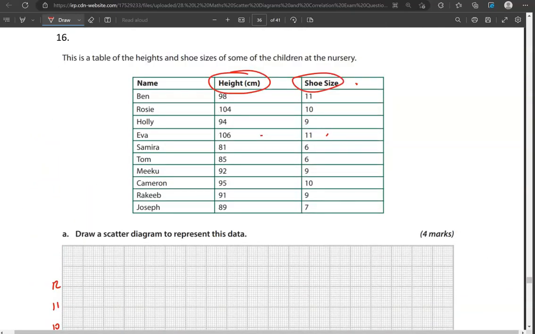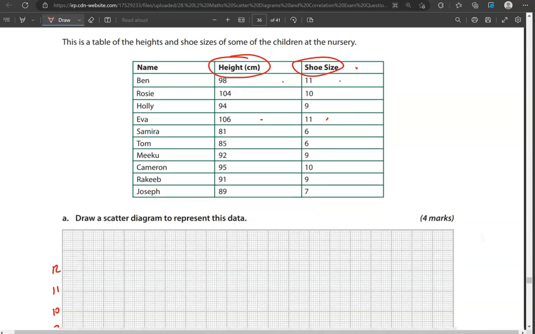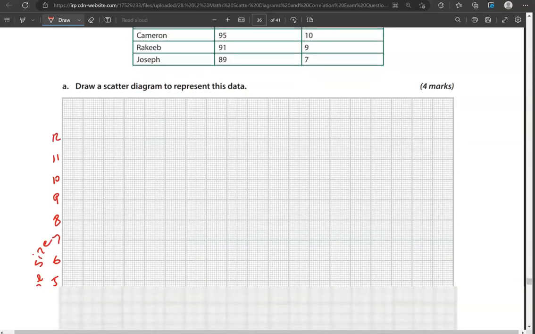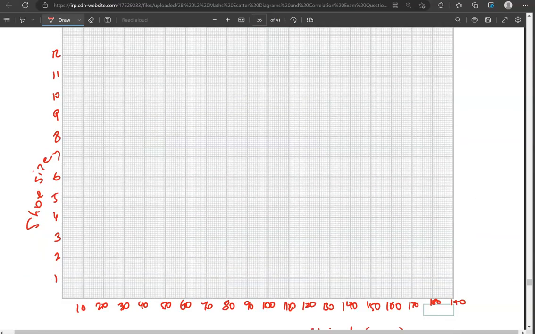Plotting the points, we've got Ben with a height of 98 centimeters and shoe size 11. So 98, going up to 11.